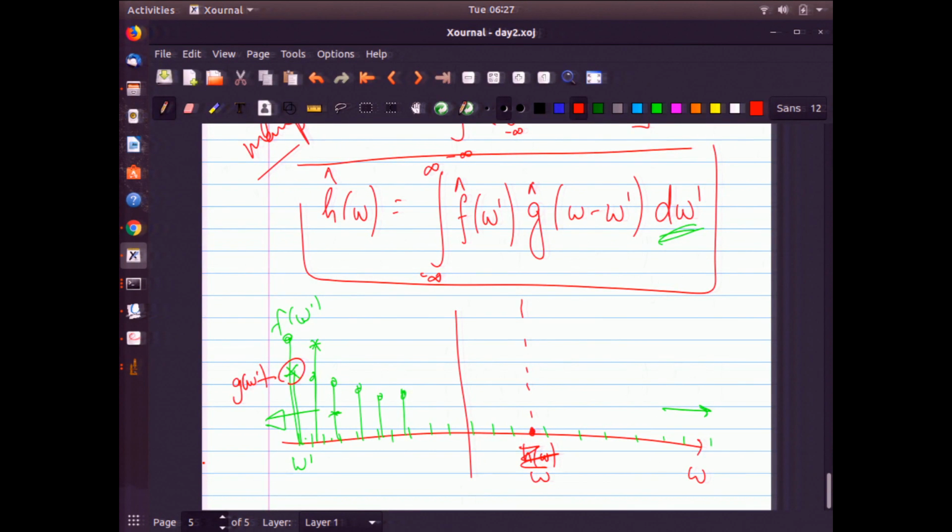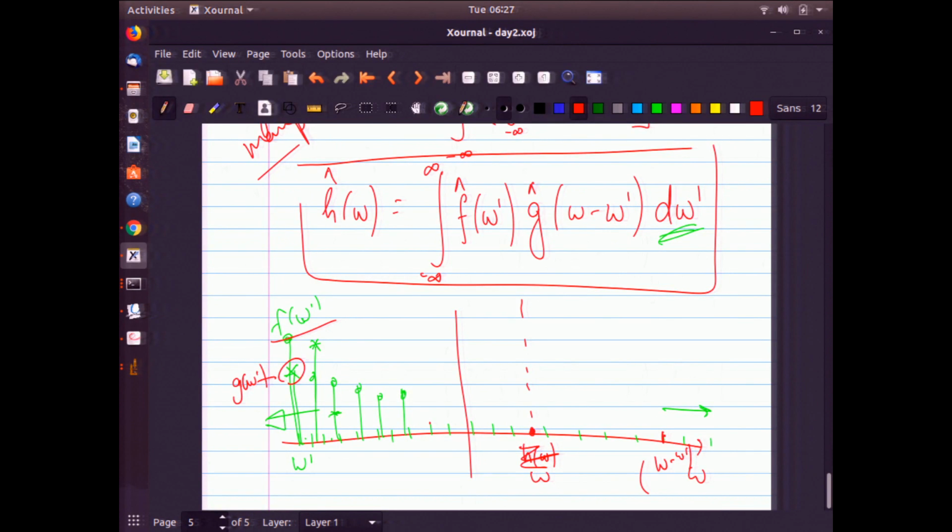What it's saying is, you take f of omega, which is this, and you take g, but not of omega prime, but of omega minus omega prime. So let's say this is omega, right? So let's say this is omega minus omega prime. Because omega prime is negative, it's really far here, so omega minus omega prime will be somewhere here.